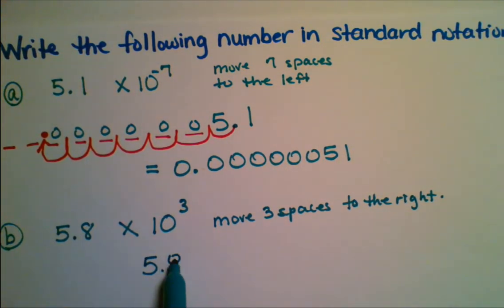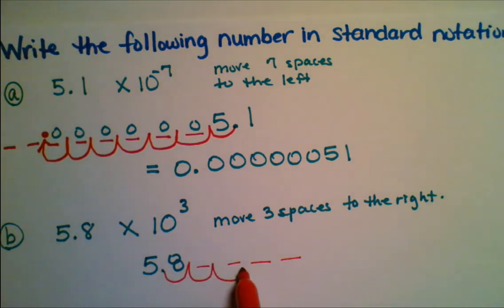Here's 5.8. So here again, we're going to have to include some spaces. Let's add some blank spaces, and then we're going to take our decimal point and move it over 3 spaces to the right. 1, 2, 3. And this is where we stop.